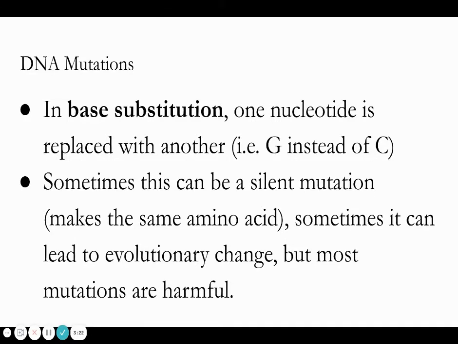And when you looked at that big wheel, in some cases there were 4 different codes for the same amino acid. What that means is that if a base is substituted, it could be substituted with another nucleotide that would code for the same amino acid, in which case there would be no noticeable effect on the protein. There would be a letter different, so it's a substitution, but it's silent because you don't actually see anything happening in the protein.